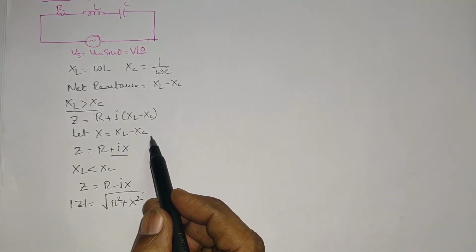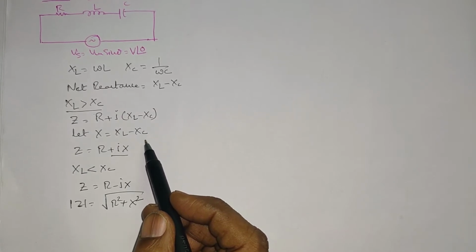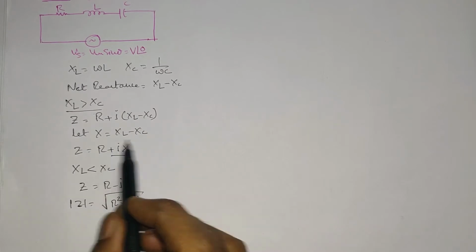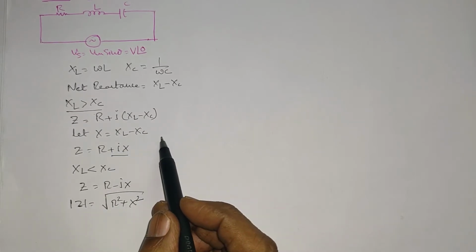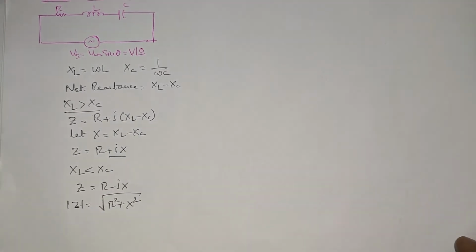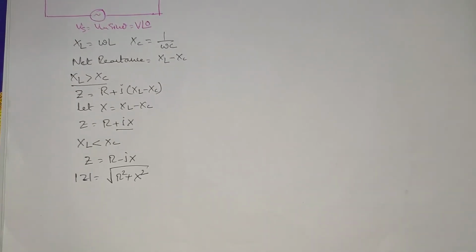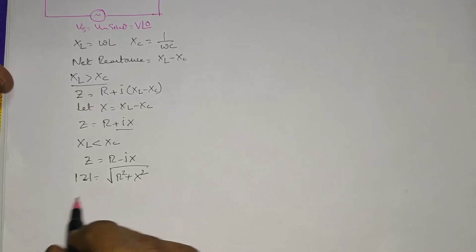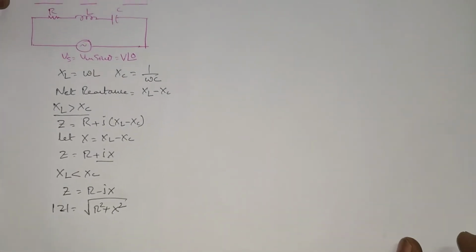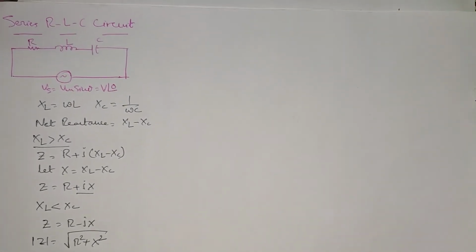This happens at a particular value of frequency, and that condition of the circuit where the net reactance becomes equal to 0 is known as resonance. And as we are considering the series circuit, this is considered as series resonance. So next we shall see the concept of series resonance.